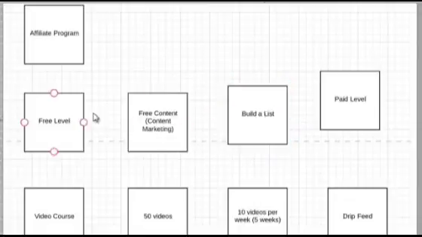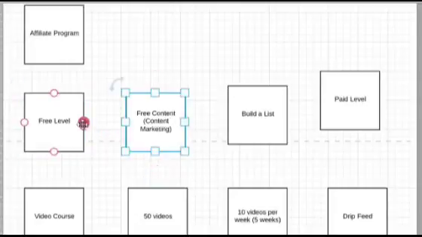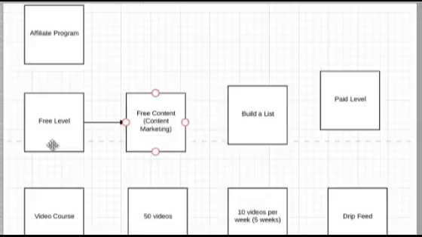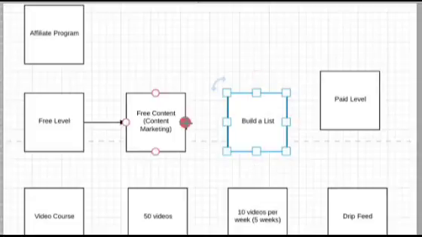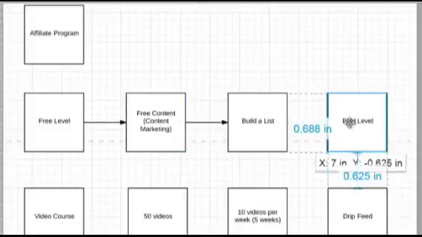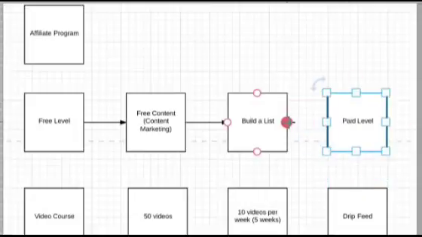Let's put this in order. So obviously we have the free level, and then we're going to make an arrow to go from here to here. And from the free content, we are going to build a list like that. And then we're obviously going to want to sell people into the paid level.